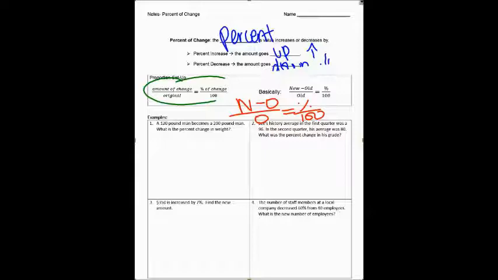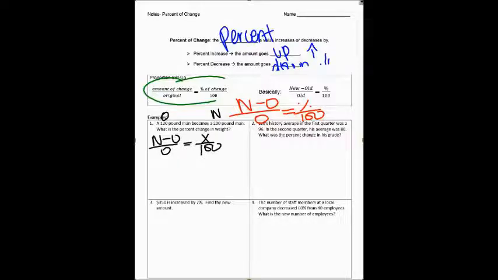A 120-pound man becomes 200 pounds. What is the percent change in his weight? We're going from 120 to 200, so our old is 120 and our new is 200. So we have n-o, right?